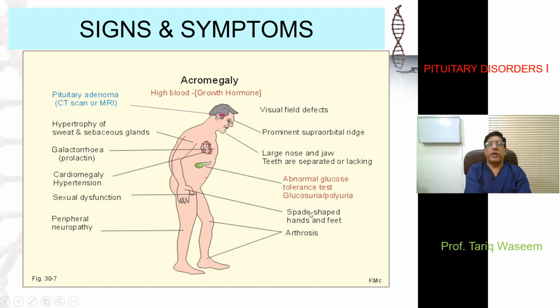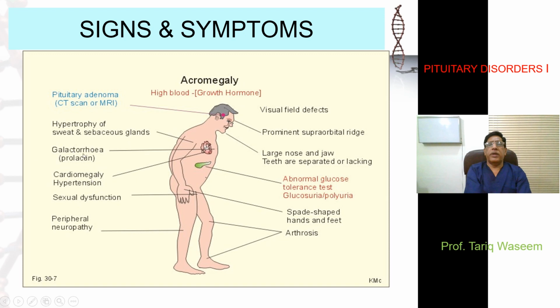Their hands become broader and spade shaped. There is increased height and weight, and this then leads on to effects on the joints, leading to osteoarthrosis. Their peripheral nerves may become hypertrophied and may show dysfunction. There would be sexual dysfunction. The organomegaly can result in development of cardiomegaly and hypertension.